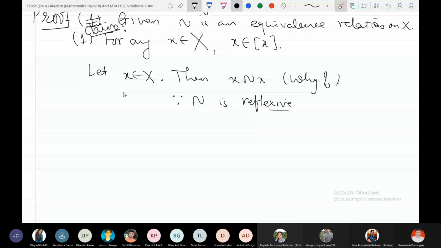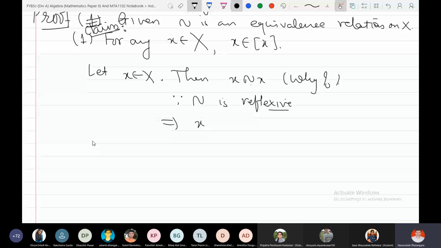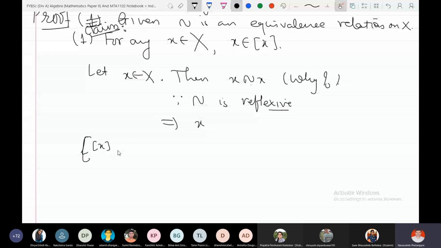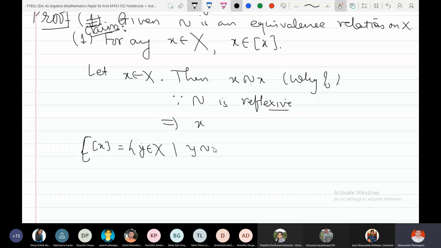And hence, by definition of equivalence class, what are the members of the equivalence class of x? We know that the equivalence class of x is the set of those y in X which are related to x.